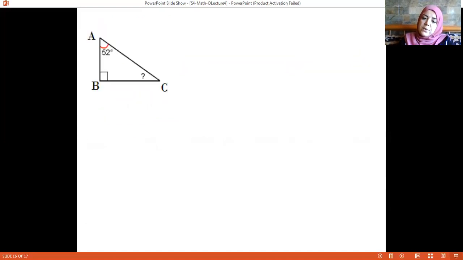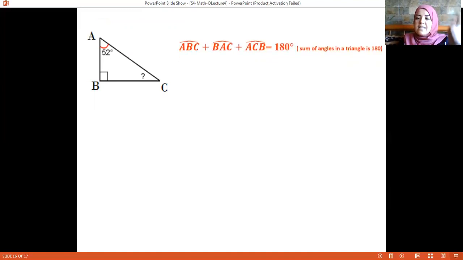If you look at this figure, we have a triangle ABC. It's right at B. Okay, so ABC is a right triangle at B, and AC is the hypotenuse. Okay, this is a revision for the particular triangles. Anyway, you should know that ABC plus BAC plus ACB equals 180. How did I know? Because the sum of angles in a triangle is 180.